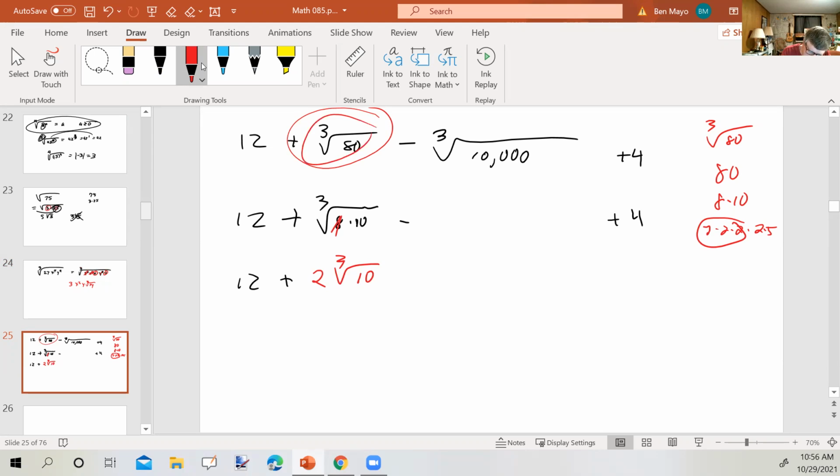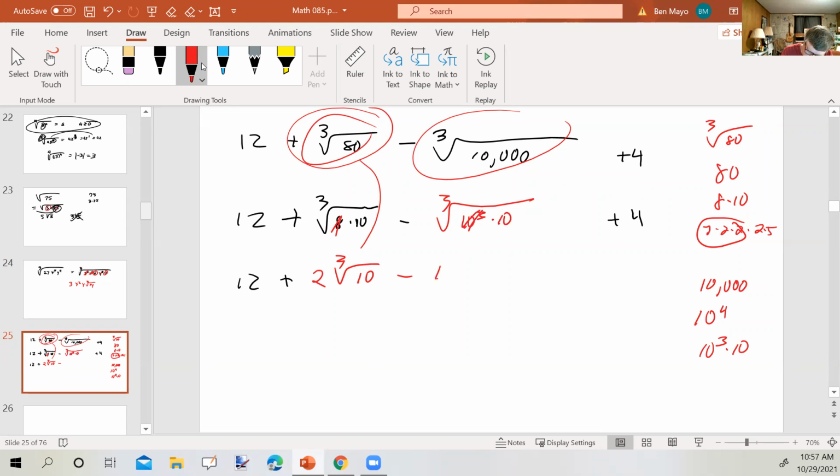So taking this and simplifying it, and then minus. Taking this one, 10,000 would be 10 to the 4th power, or 10 cubed times 10. Again, why am I doing that? Because the cube root of 10 cubed is 10 outside, and I've got the cube root of 10 inside, and then bring down plus 4.